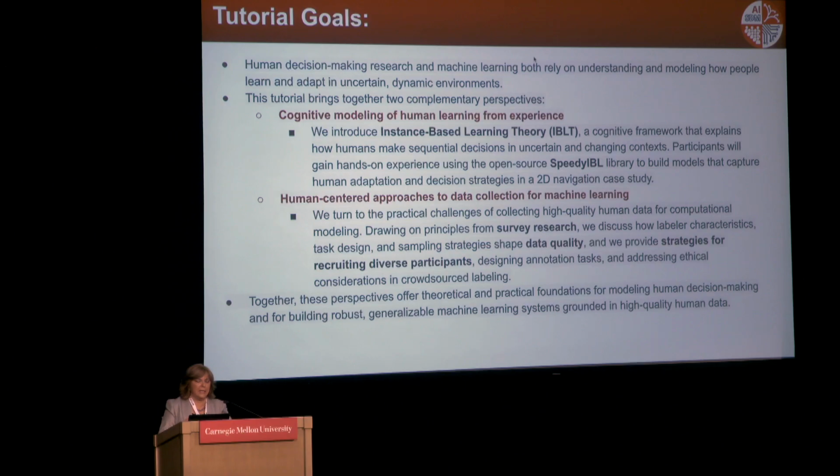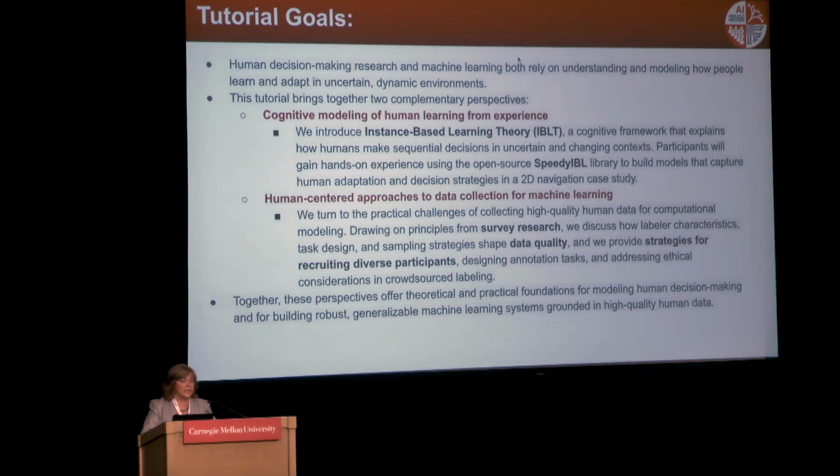So we have divided this in sort of a more cognitive modeling and theoretical approach to modeling human decision-making. And then we are going to go to the human-centered approaches for data collection for machine learning.